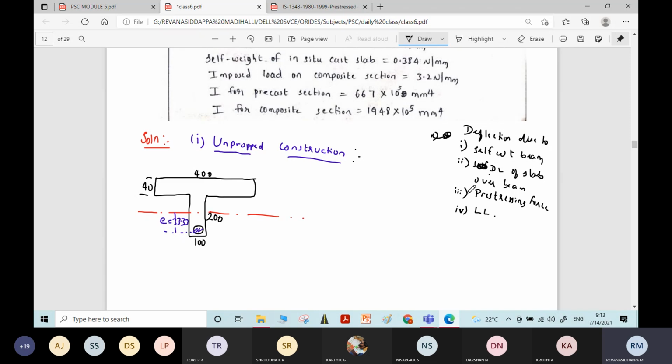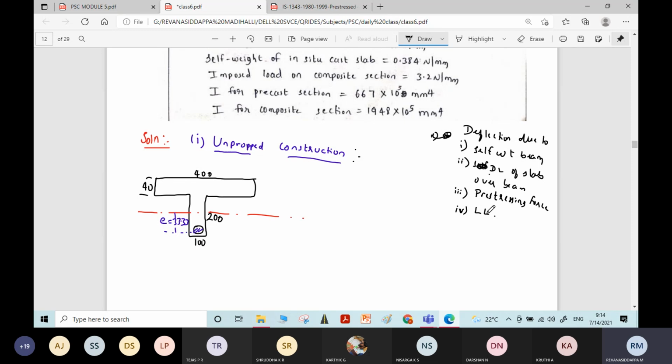Understood? In the previous class, we have solved a problem on analysis of stresses, where we identified the stress due to self-weight of the beam, stress due to dead load of the slab over the beam, stress due to the pre-stressing force, stress due to the live load, and adding all together, we used to get the resultant stresses.